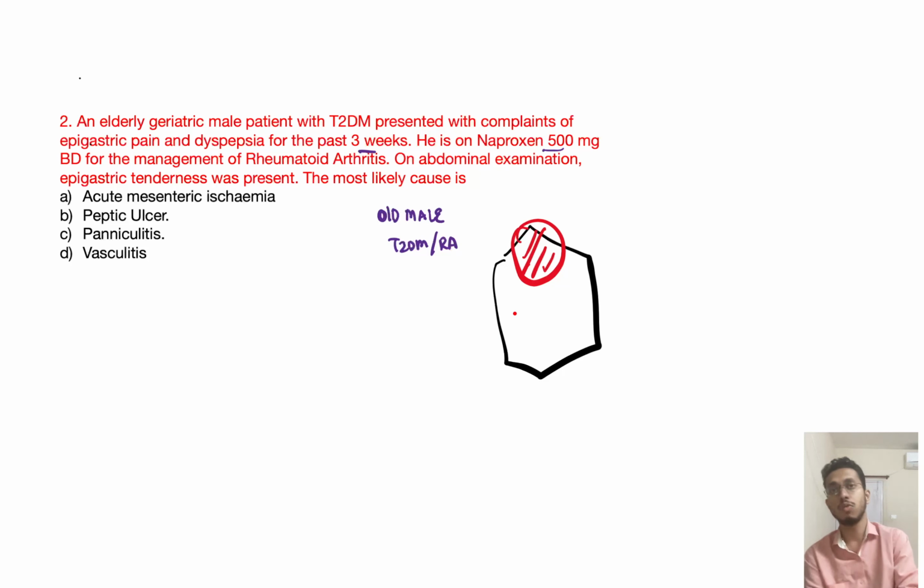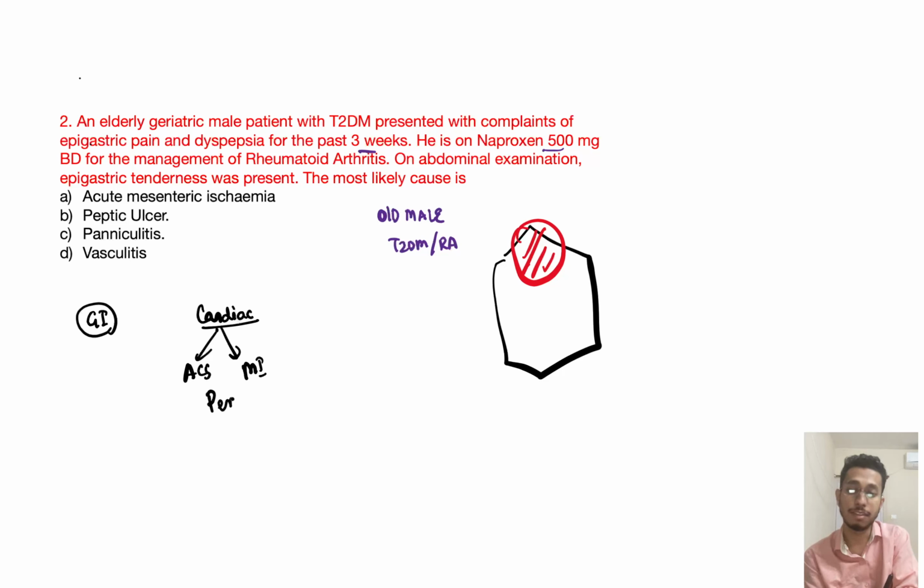So, what are the differential diagnoses for epigastric tenderness? This can be divided into GI causes: gastritis, esophagitis as well as peptic ulcer disease. It can be due to cardiac causes. What are the cardiac causes which can mimic epigastric pain? Obviously the most common ones are ACS as well as MI.